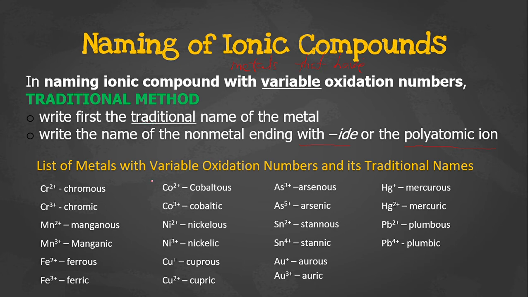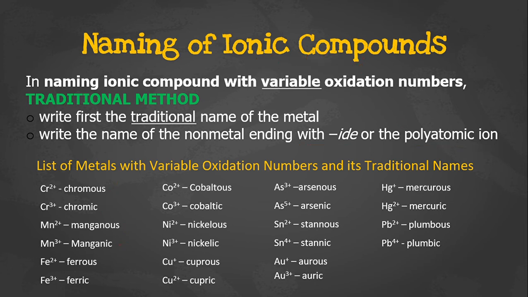Ito yung mga yon. Kung Cr2 positive, chromous; Cr3 positive, chromic. Manganese 2 positive, manganous. Manganese 3 positive, manganic. Okay, so ganun. Followed by the name of the non-metal ending with IDE, o kung polyatomic ion ang kasama niya, papangalanan mo yung polyatomic ion.